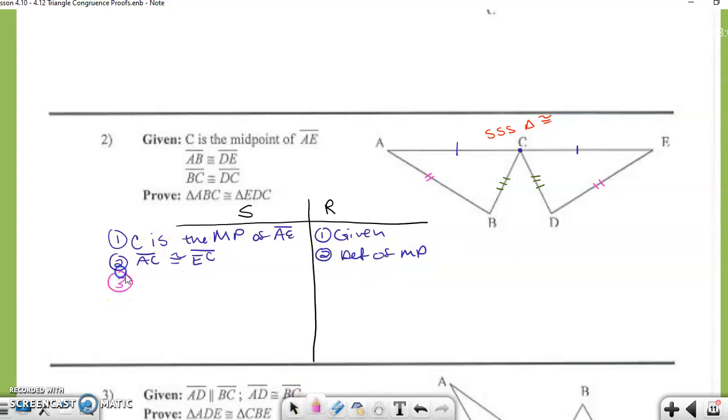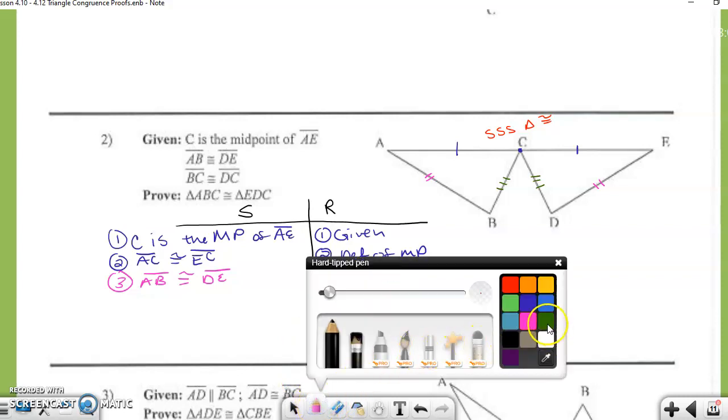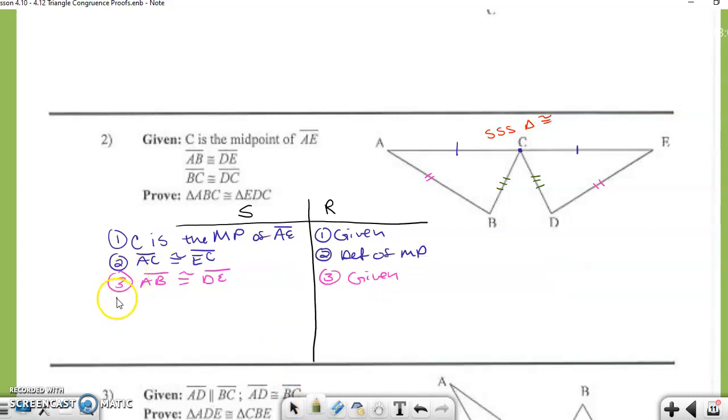For step 3, I'm going back to my given. Same thing for step 4. I have that BC is congruent to DC.